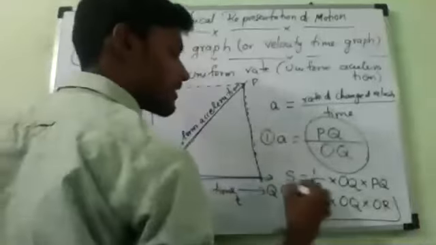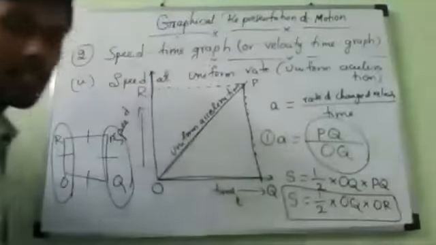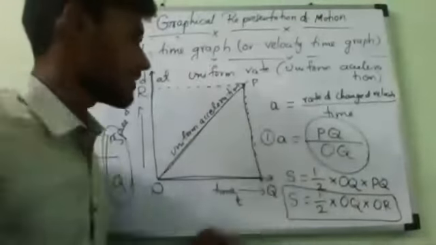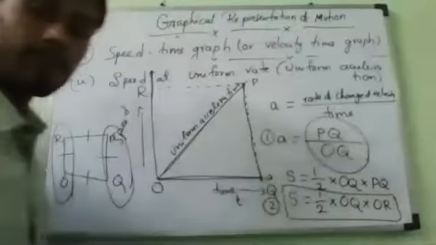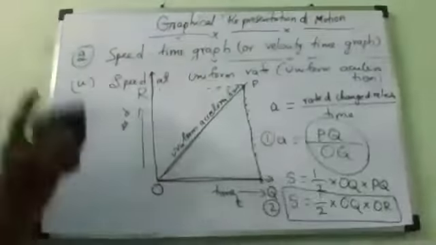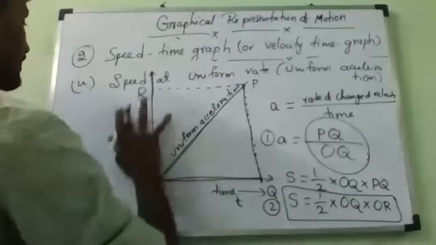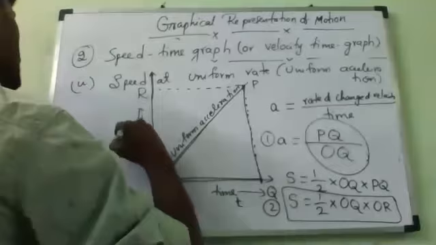That's all. So from this graph we can calculate two things. What is that? One is acceleration and the second one is distance. Don't get confused. Most important thing, write it now, all of you. Speed.